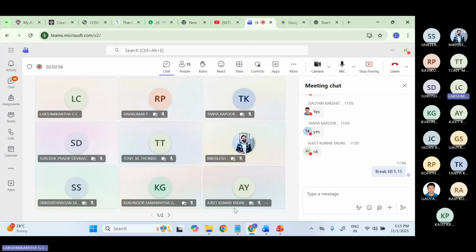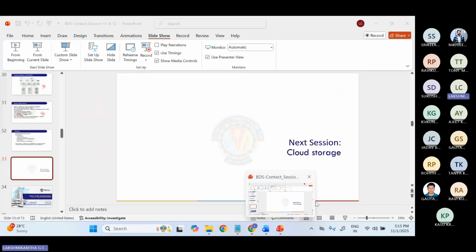Okay, guys. So welcome back to session 12. So we are transitioning from the compute engine to the data repository. Wait a minute. Here, let me share my screen.